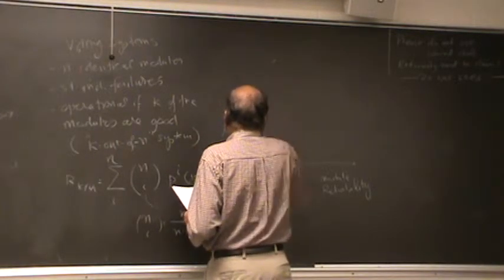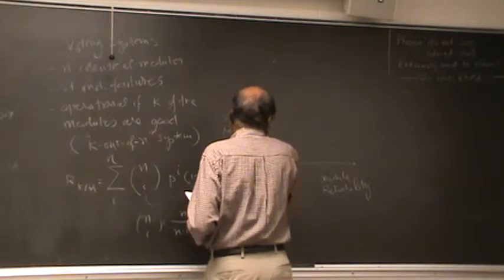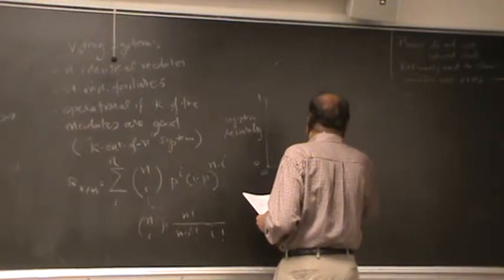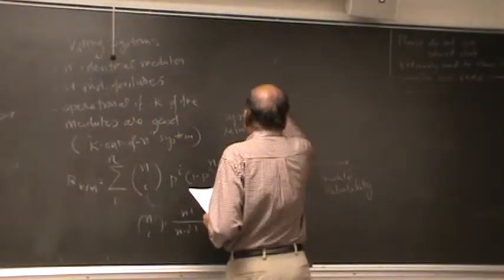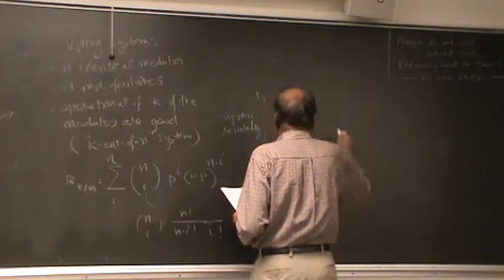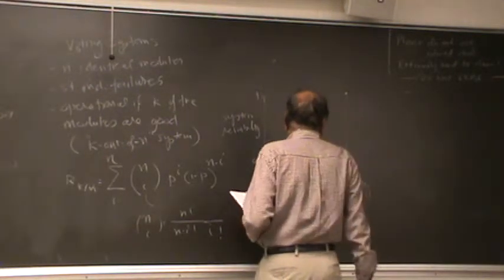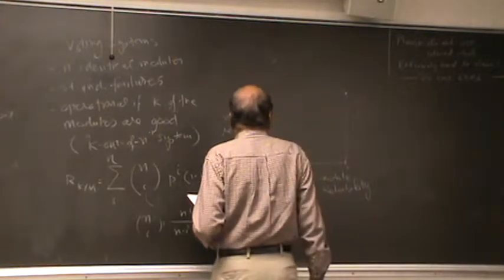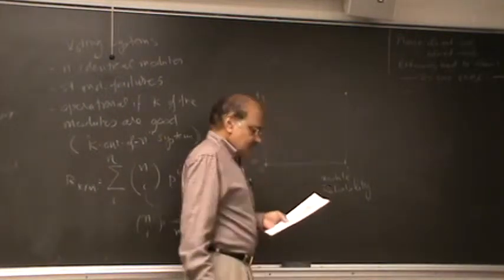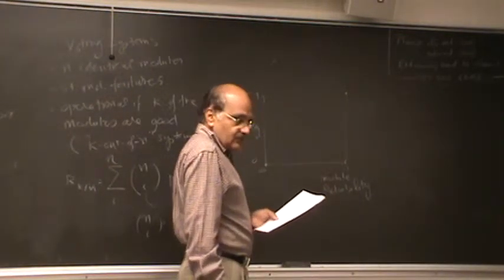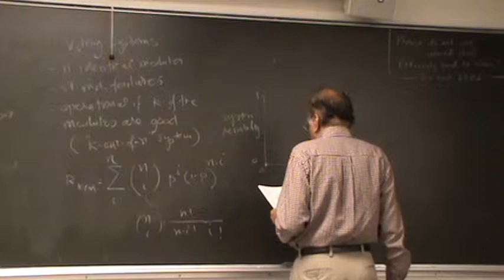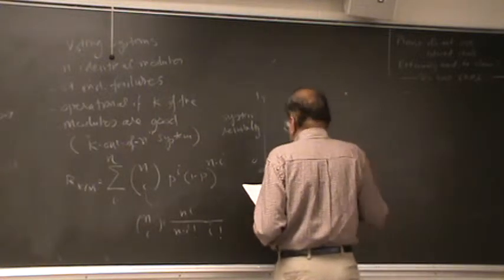And of course, reliability is a number between 0 and 1. When the reliability of each module is 1, then the system reliability is obviously 1. And when each individual module's reliability is 0, overall reliability is 0. But it is interesting how it is in between.